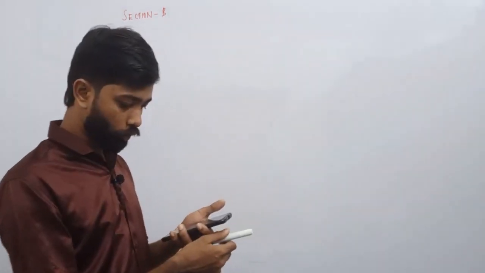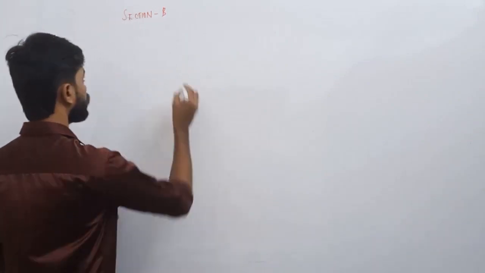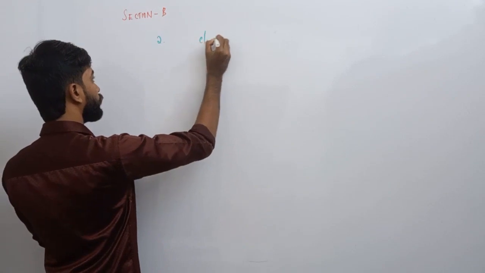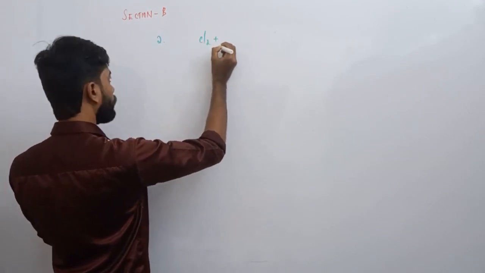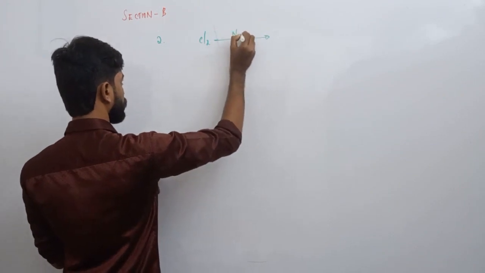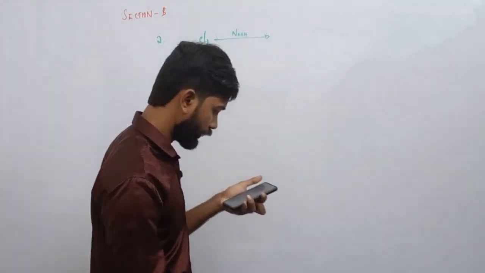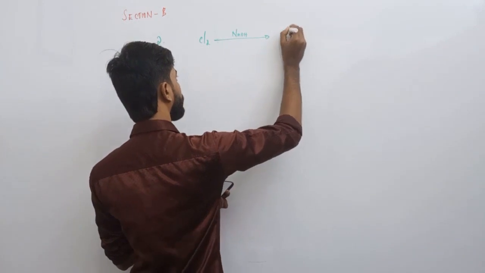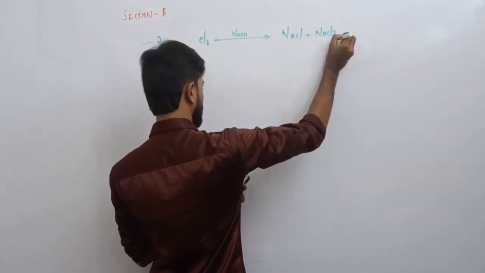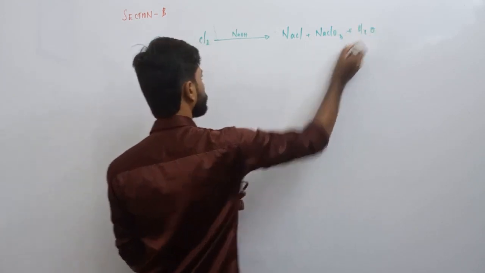The equivalent mass of chlorine in the above reaction. The reaction is given below. Cl2 in presence of NaOH, so the chlorine disproportionates in NaOH to form NaCl plus NaClO3 plus H2O.